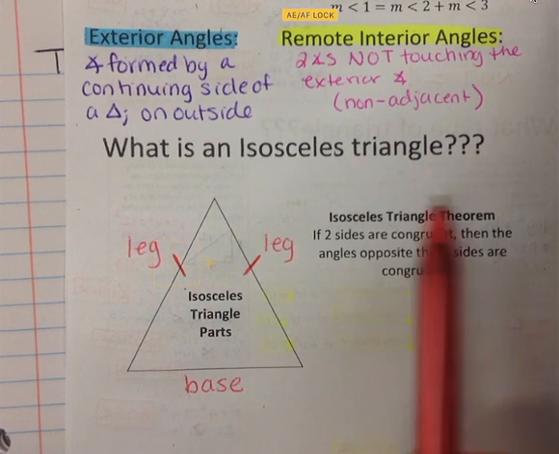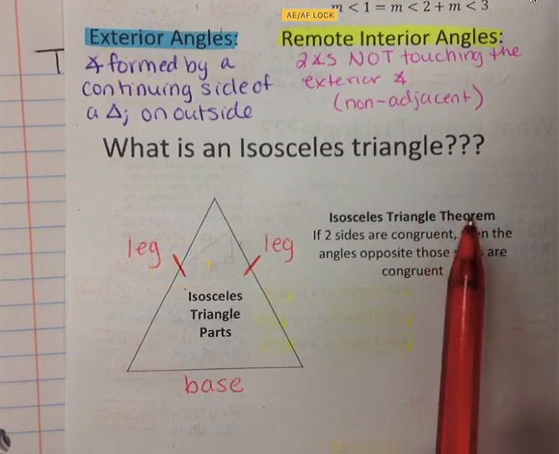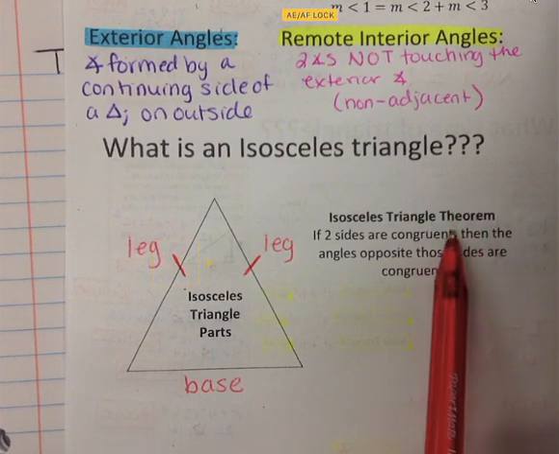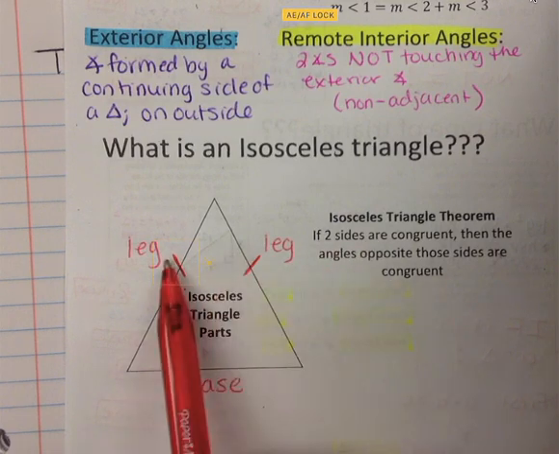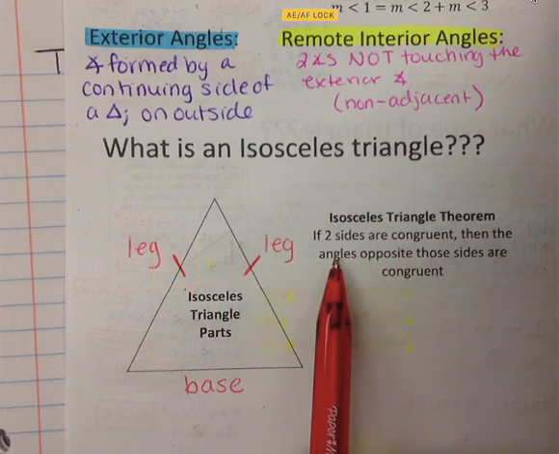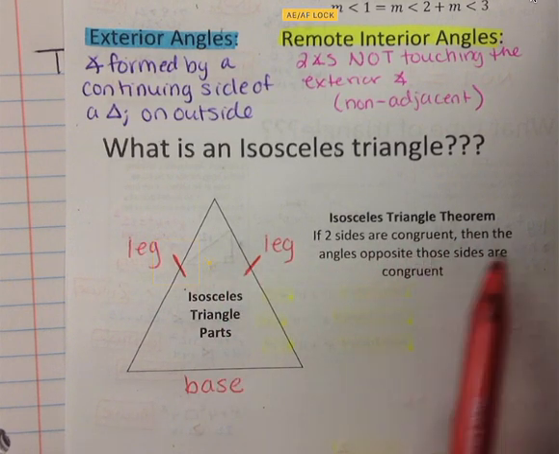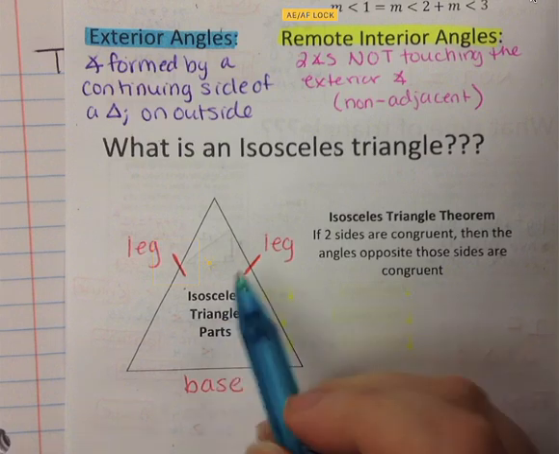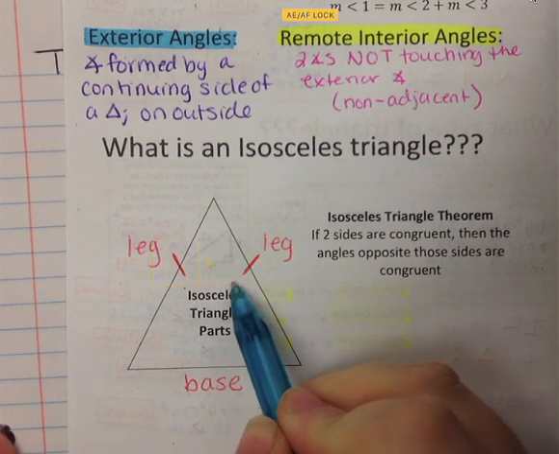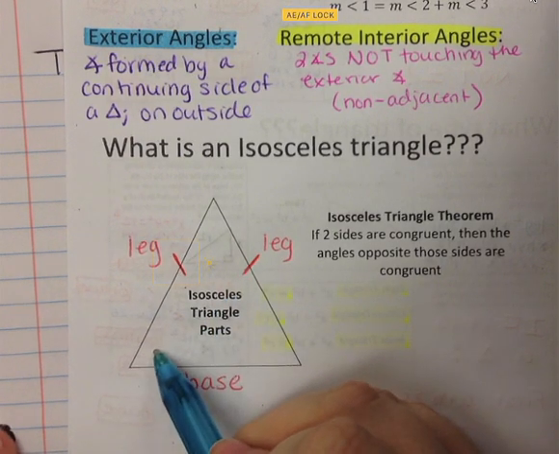Now the isosceles triangle theorem states, again, this is about triangle theorems, that if two sides are congruent in an isosceles triangle, then the angles opposite those sides are congruent. I've talked about this in a previous video. The angles opposite of these congruent legs must be congruent as well.